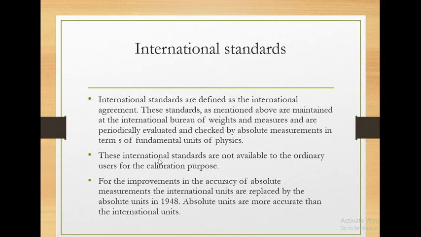These international standards are not available to the ordinary user for calibration purposes. Generally these standards are kept as a reference at the International Bureau of Weights and Measures, and they are not available for ordinary use or calibration. With the help of that reference we can design different standards for actual use.